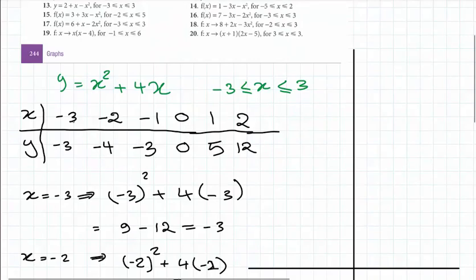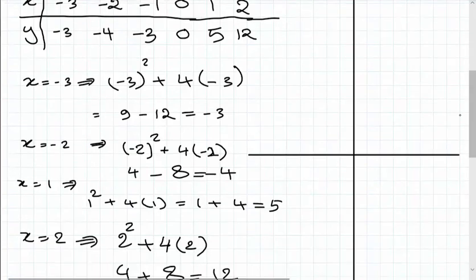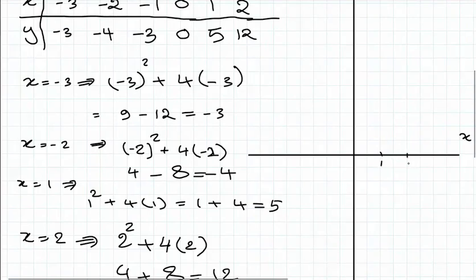The first point is -3, -3. As we know, we have 2 centimeters for 1 unit on the x-axis. This is the x-axis, and the vertical one is the y-axis. So 2 centimeters, this is 1, 2, 3. That's what we want.